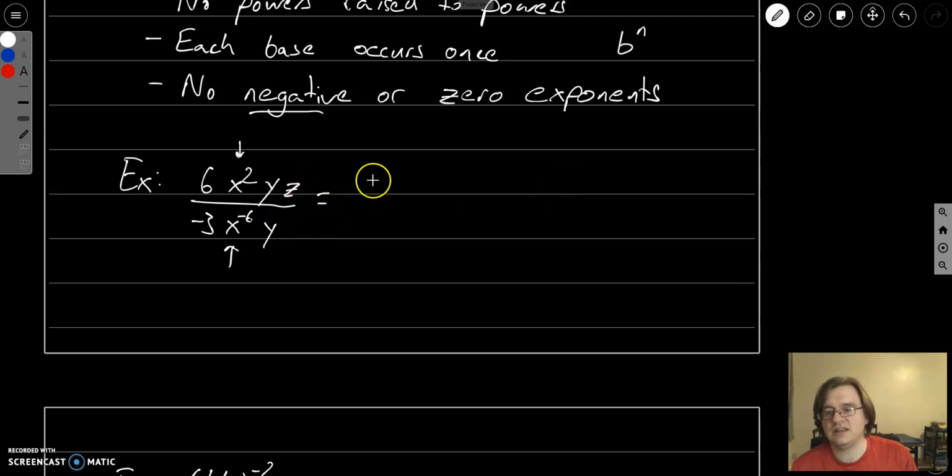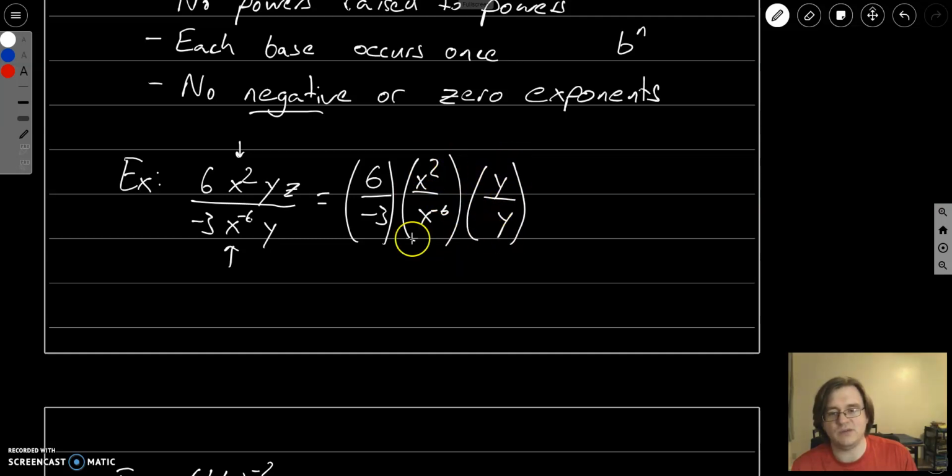My approach to this is to start to separate out all of the parts of this. We have the numbers, the coefficients of the term on the top and the term on the bottom. We can put that out front. I can take all the x's on top and all the x's on bottom and put them into one fraction. I've got all the y's on top and all the y's on bottom, put that into a fraction.